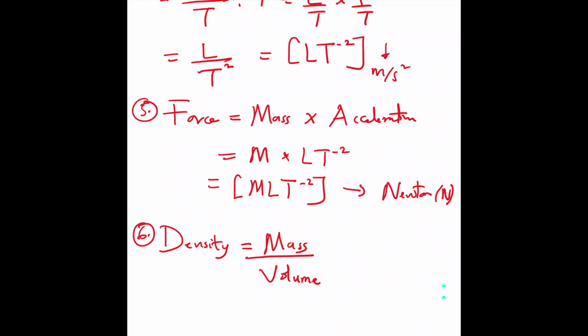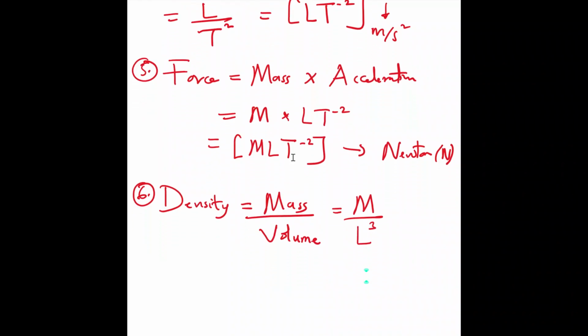Okay, so we know that the derived quantity for mass symbol is M, right? Over the volume, we already got the derived quantity for volume, which is L raised to power 3. So if we write it together, that's equal to ML raised to power minus 3. Okay, ML raised to power minus 3.